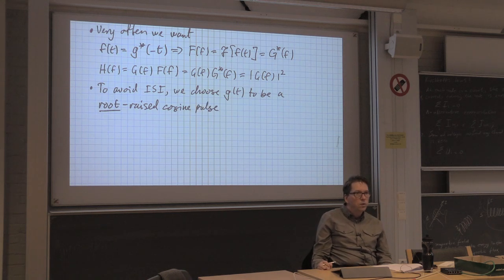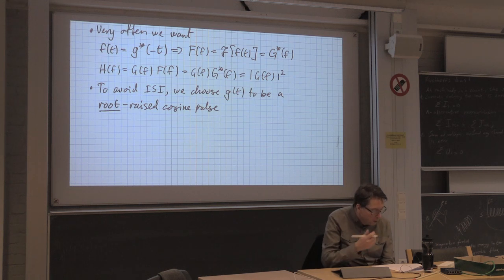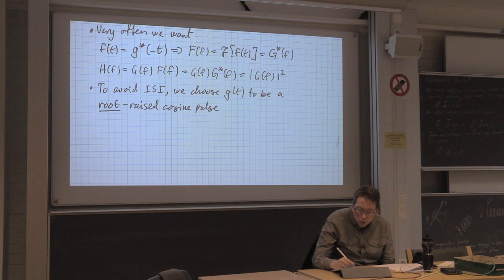Okay, so what is the root raised cosine pulse? Well, it's a pulse whose Fourier transform is the square root of a raised cosine spectrum. Okay, so G of f is equal to the square root of the raised cosine spectrum.